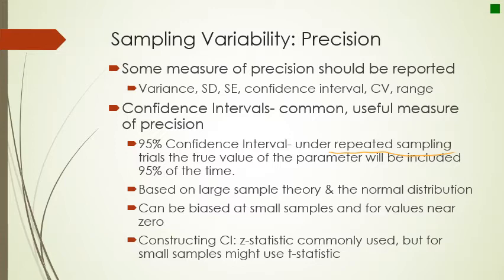Now, these confidence intervals can be biased at small sample sizes and for values near zero. So in those cases, your confidence interval coverage may not be exactly 95%.